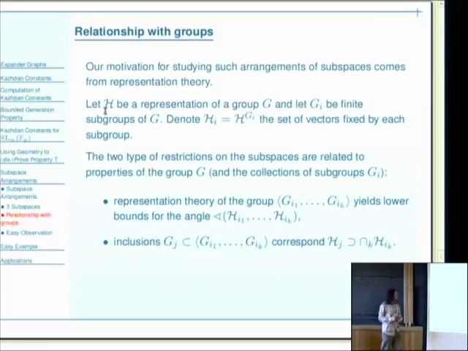The second condition is saying that if I have one group which is inside the group generated by 5 of the others, this means that when I take the intersection of the fixed points of these, it has to be inside the fixed point set for this one. So this is the second type of condition. Essentially, from some kind of local representation theory of the group, I can build a lot of conditions, and impose them on the configuration of subspaces.